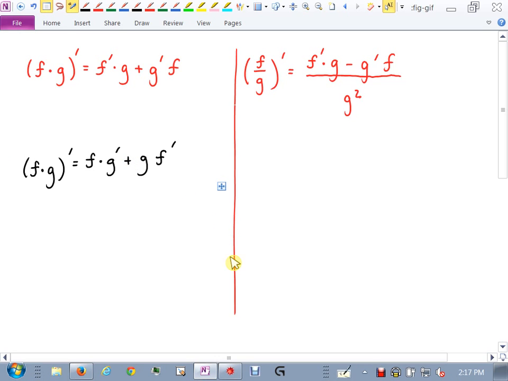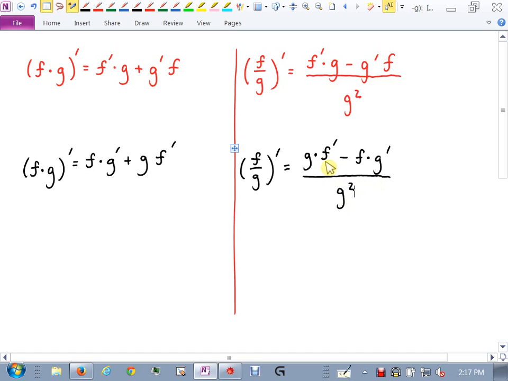Here's the formula they have for quotient rule. They have gf prime minus fg prime all over g squared.